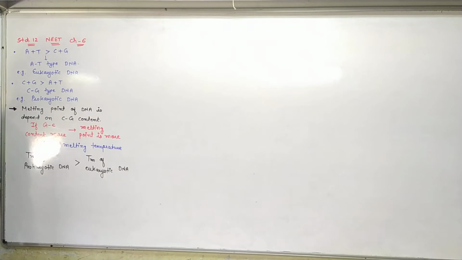Is it right? Melting temperature is more in prokaryotic DNA because the condition is this here. In prokaryotic DNA, CG content is more, so melting temperature is more there. Fine. So next point.